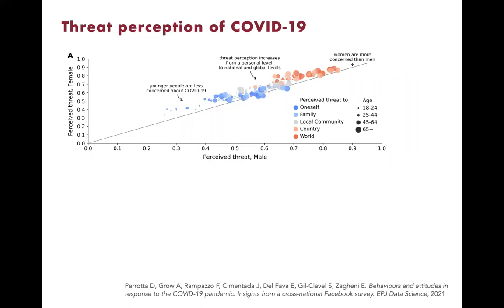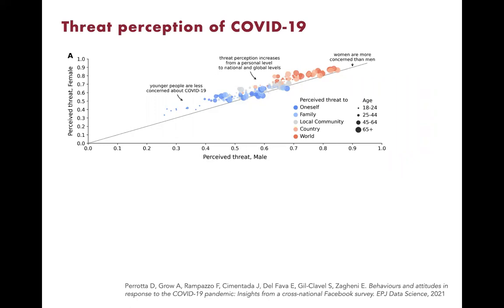So here I'm showing the relationship between the threat of COVID-19 perceived by men on the x-axis and the threat perceived by women on the y-axis across different levels of society, which is indicated by the color code, and different age groups indicated by the size of points in the scatter plot.